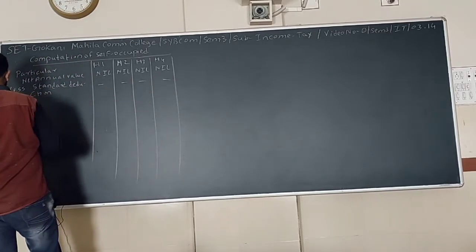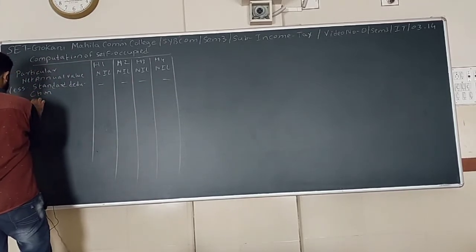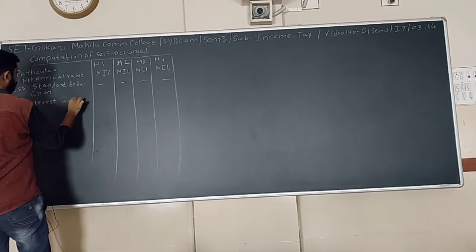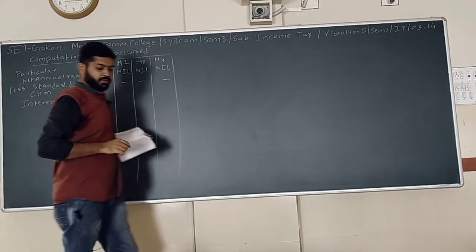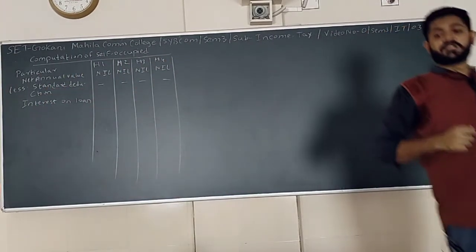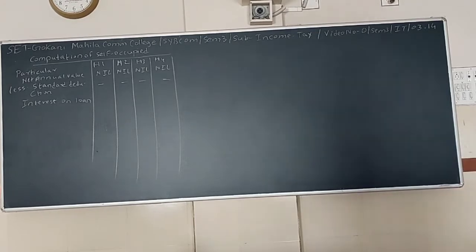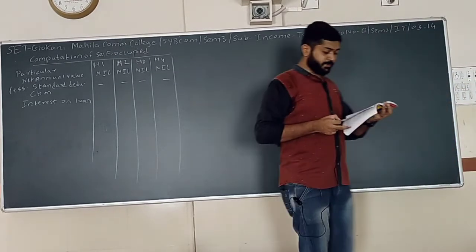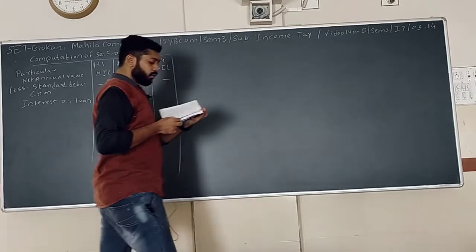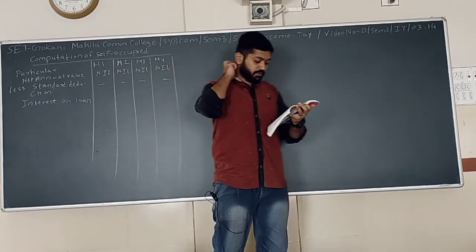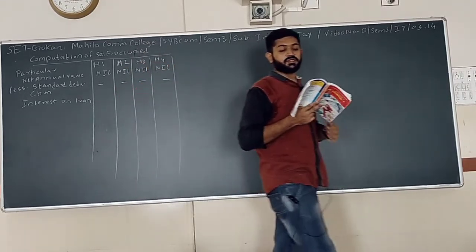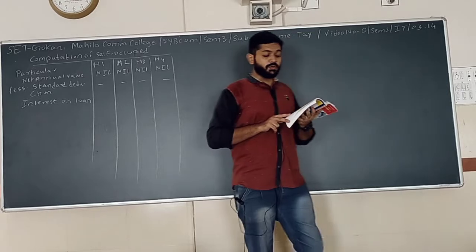Now the next part, interest on loan. For this purpose, in the question they have specified the interest on loan for the payment on their books for 2015 for the repair and reconstruction. For house one they are paying 13,270.